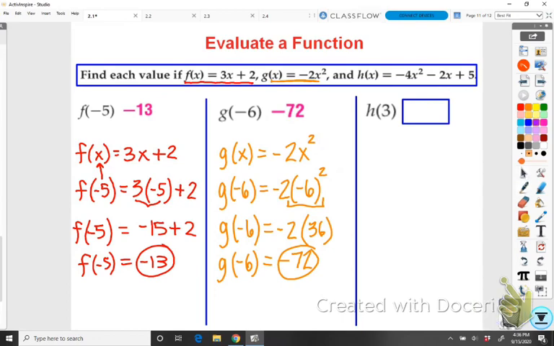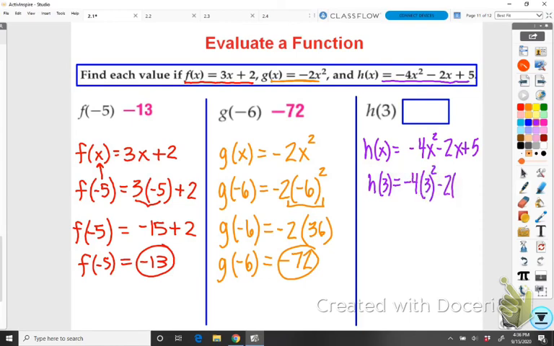And lastly, h of 3. So now I want to go to the h function here at the end. And anywhere I see an x, I'm replacing it with a 3. And doing the math. So h of 3 equals -4, 3 squared, I have to do the exponent, which turns into a 9.